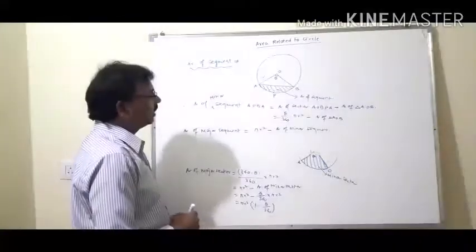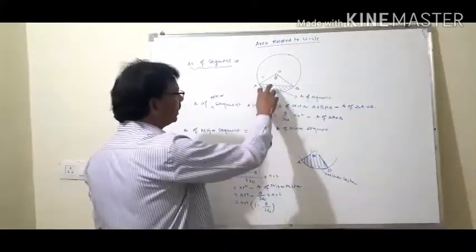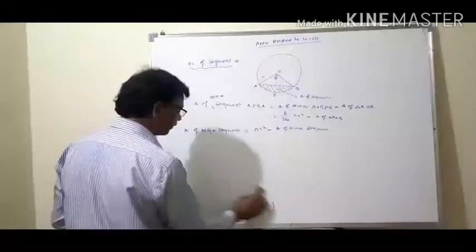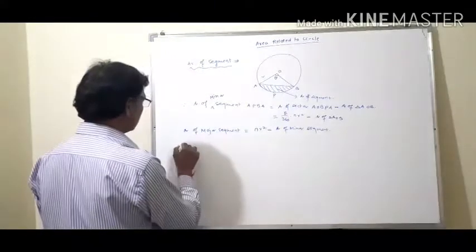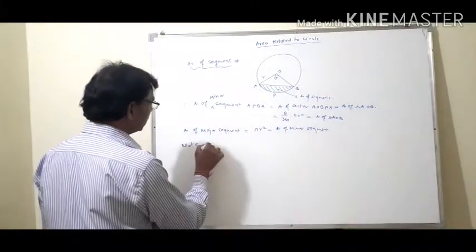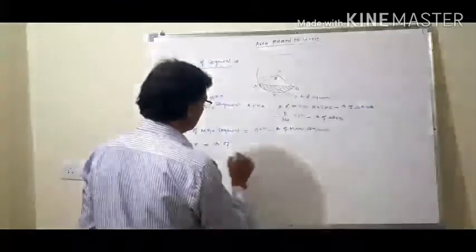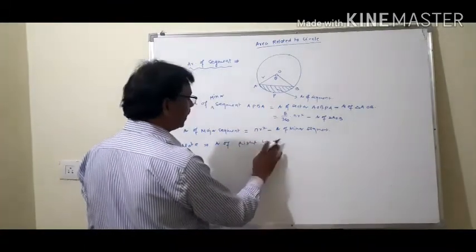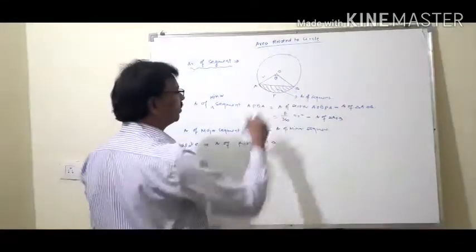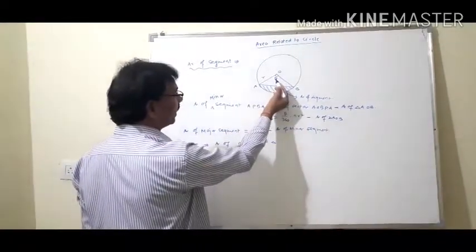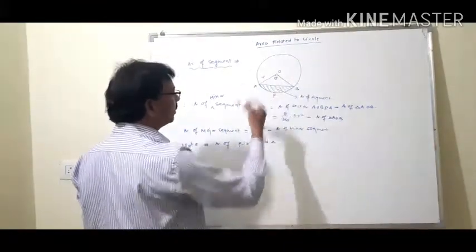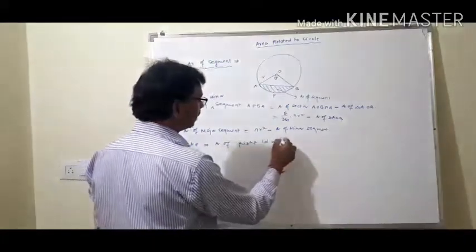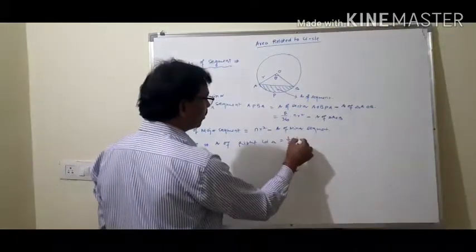Now in this video we will also discuss the possible areas of triangles. Note the area of a right angle triangle. When this triangle AOB will be a right angle triangle, that means if this center angle is 90 degrees, then the triangle will be a right angle triangle. The area of a right angle triangle is equal to 1 by 2 base into height.